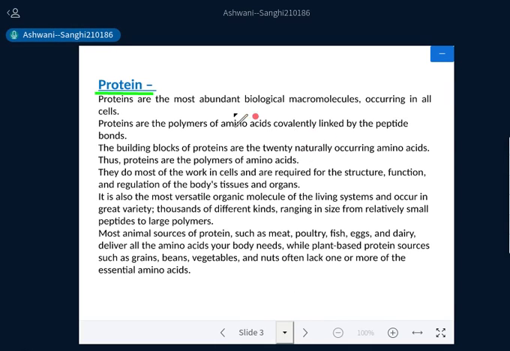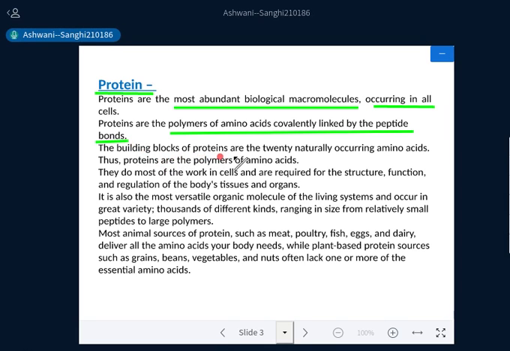Proteins are the most abundant biological macromolecules, occurring in all cells. Proteins are polymers of amino acids covalently linked by peptide bonds.